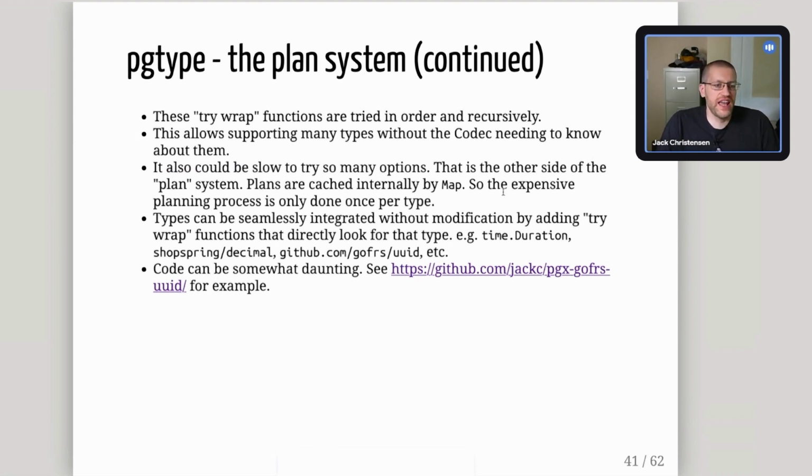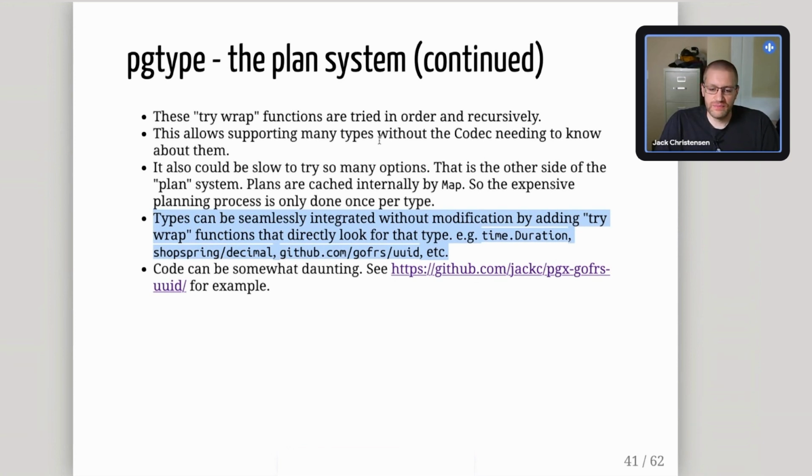So plans are cached. That's part of the reason why a codec does not directly do something. It's because we want to be able to cache the plan that has all these wrapping things. It also lets us seamlessly add support for types that we can't change. So like a decimal type, a UUID type, even in the standard lib, something like time duration.